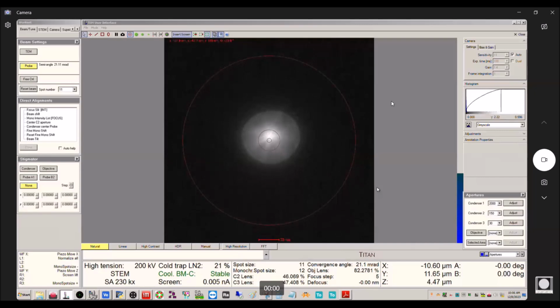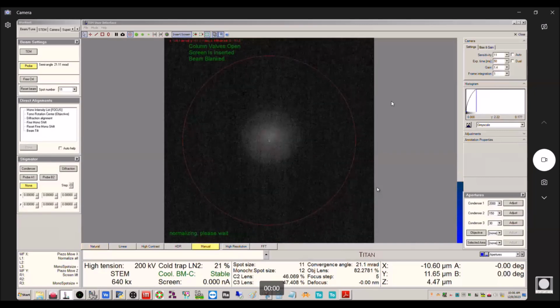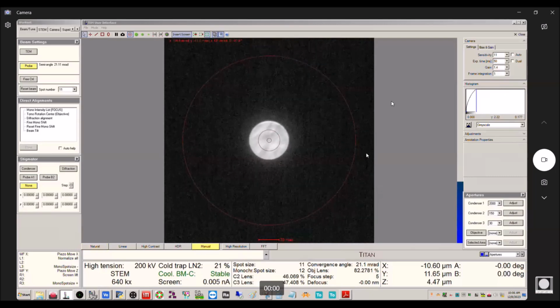All right, let's turn diffraction back on. Let's turn this on here. And just looking at this, it looks pretty good, all things considered. We can do some auto tuning as well, if we wanted to do it in Sherpa.